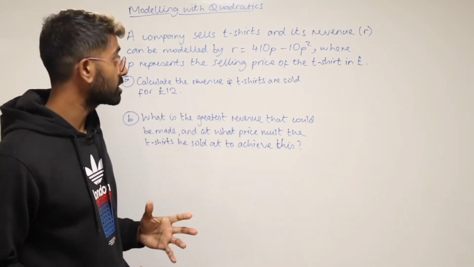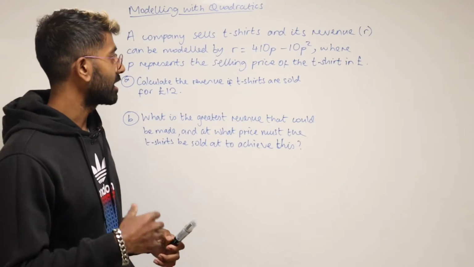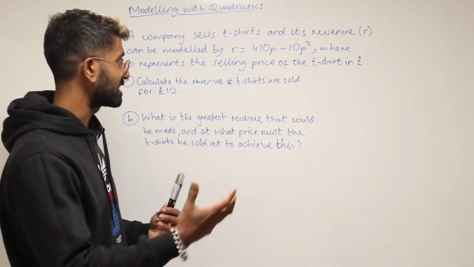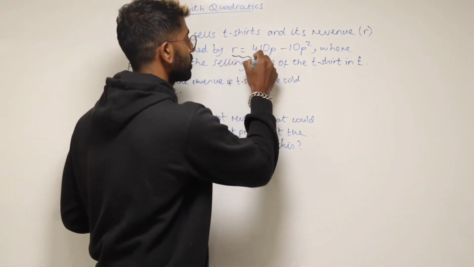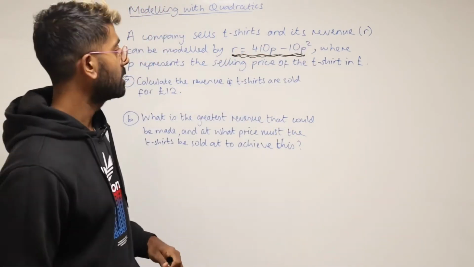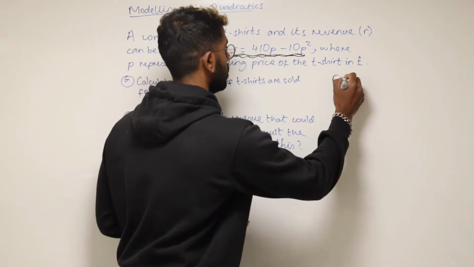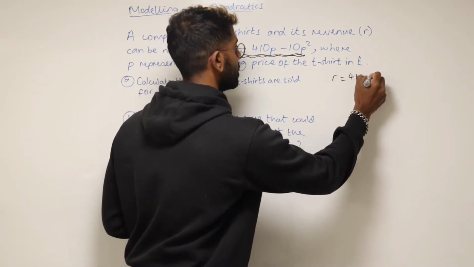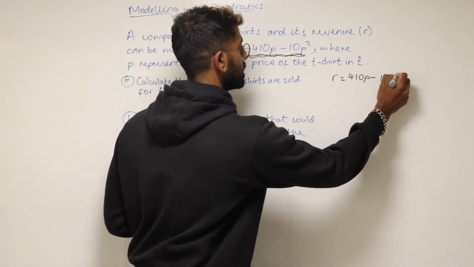But again, just like last time, I always prefer if I can draw something, sketch it, and actually see it. So what I want to do to begin with is make a good sketch of this. R equals 410p minus 10p squared.